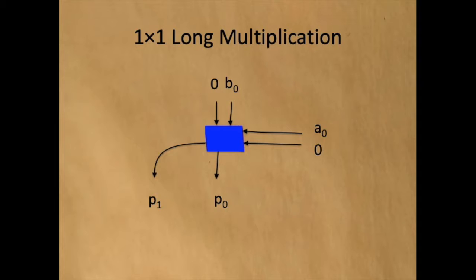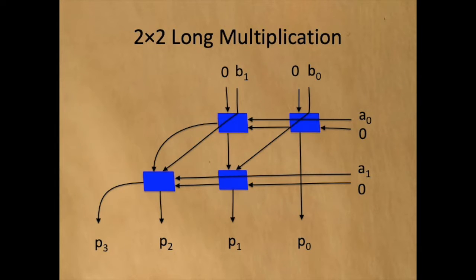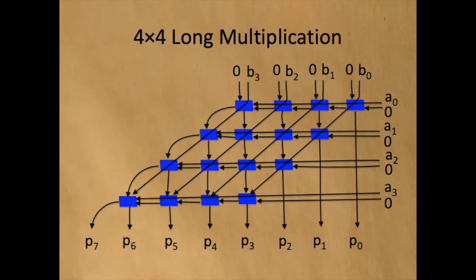Here we show how to use one multiply and add box to compute a 1 by 1 long multiplication. Here we show how to use 4 multiply and add boxes to compute a 2 by 2 long multiplication. Here we show how to use 16 multiply and add boxes to compute a 4 by 4 long multiplication.